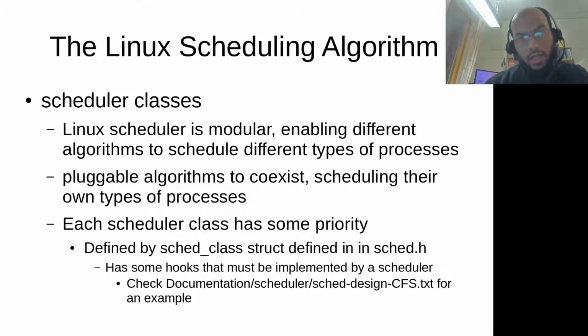The way that the Linux scheduler works is that it's modular, so you can use different scheduling classes, and each scheduling class is basically one of these different scheduling algorithms, and then you have priority between these different classes.